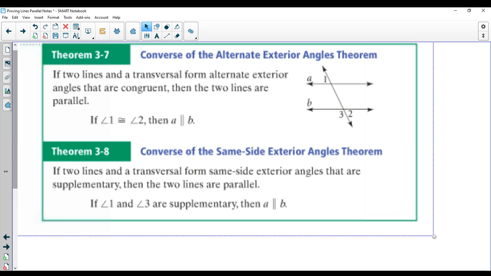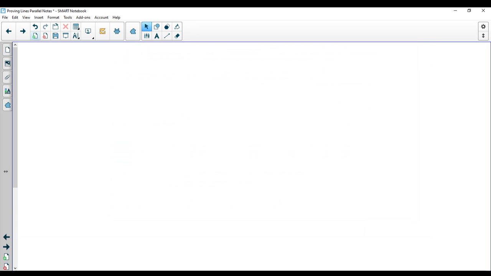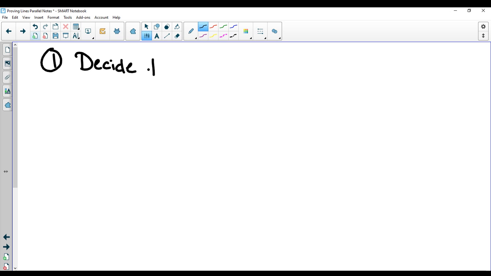All right. So before we get into the problems, let me give you a couple of steps you'll want to do. Number one is you want to decide or pick your transversal. You want to see if your two angles are near a transversal, because that will help you.